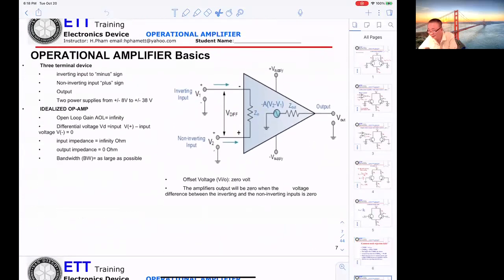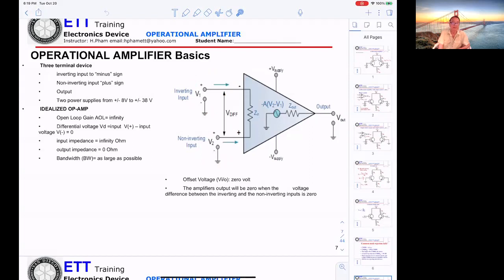Okay, now we're talking about the op-amp, operational amplifier. The symbol for the op-amp has inputs V1 and V2, and one output, okay? They take only single-ended, that means one.